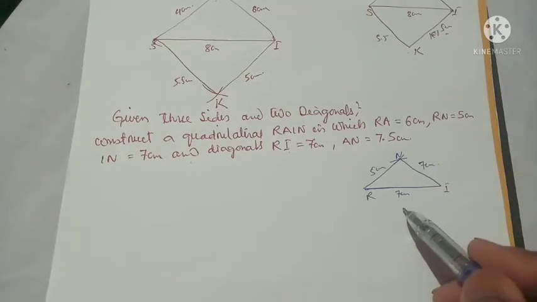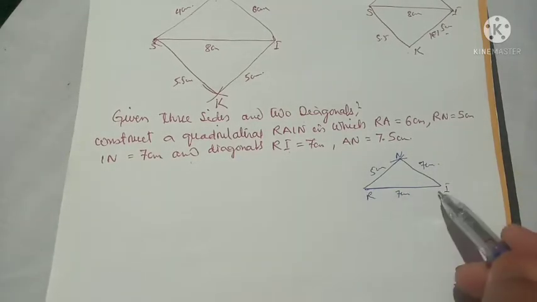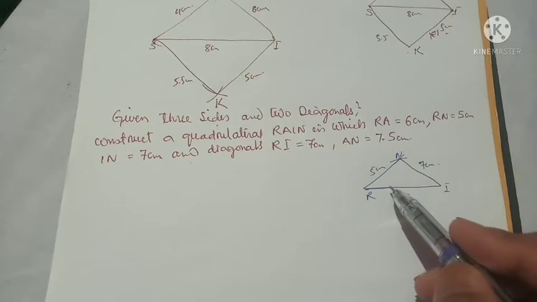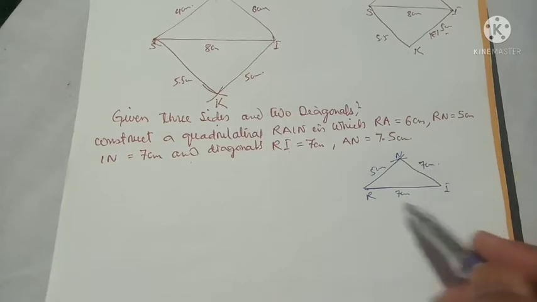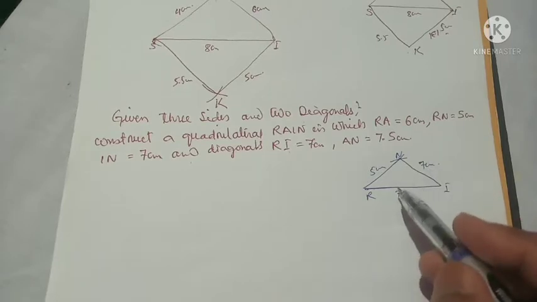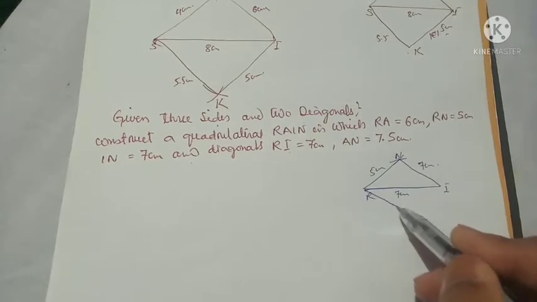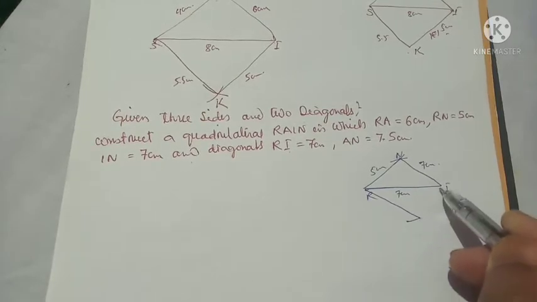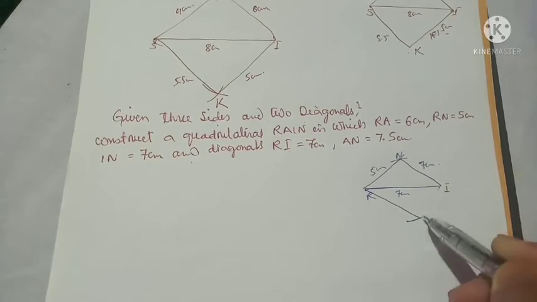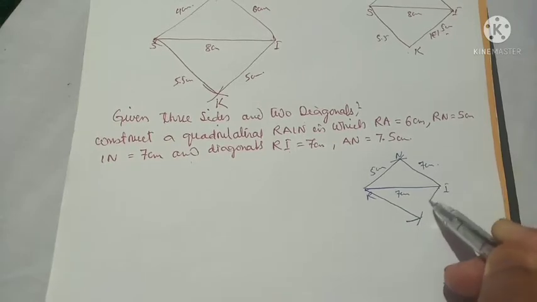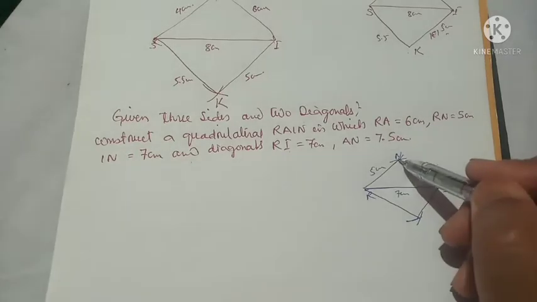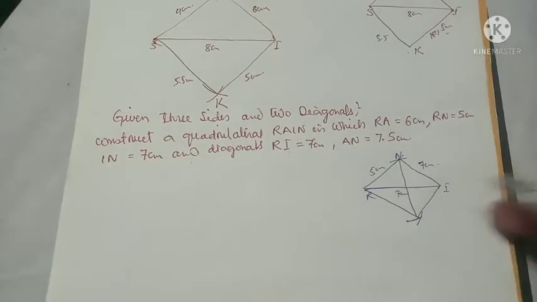And again below this RI, we draw a line segment that is A. Okay, here comes A, and from here we will take one arc and we will join here, and we can join this diagonal again here.